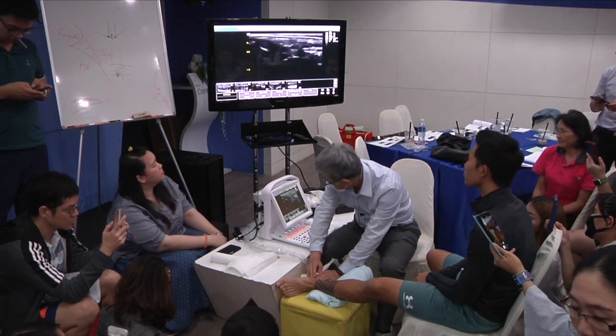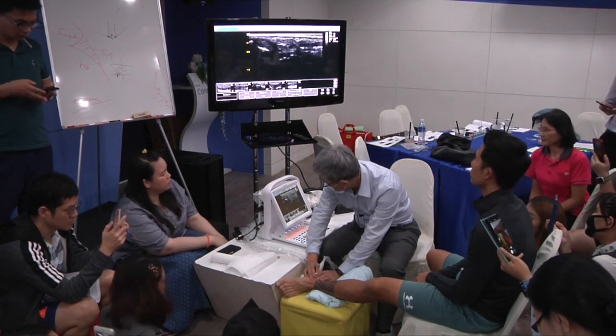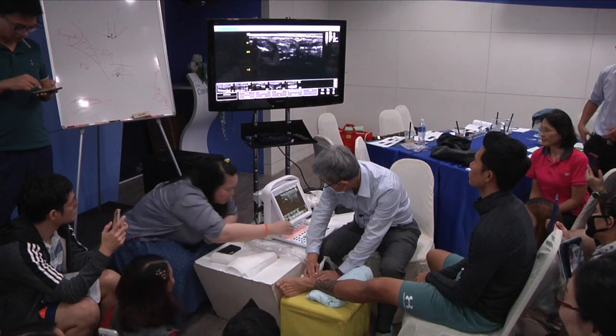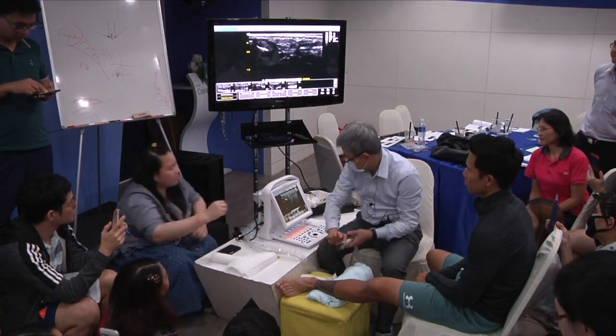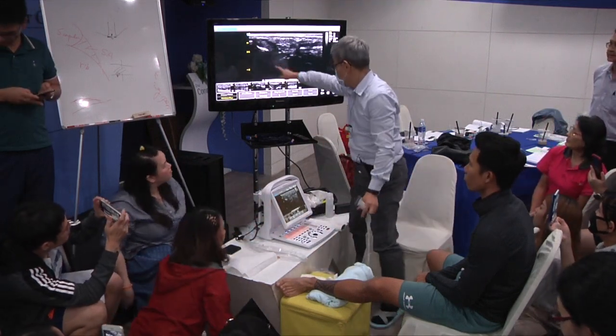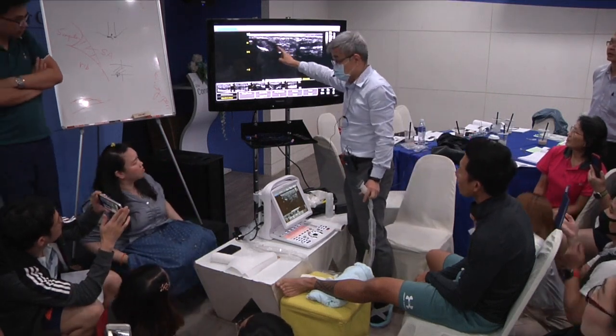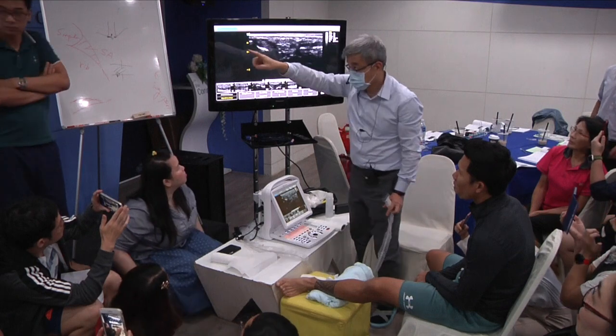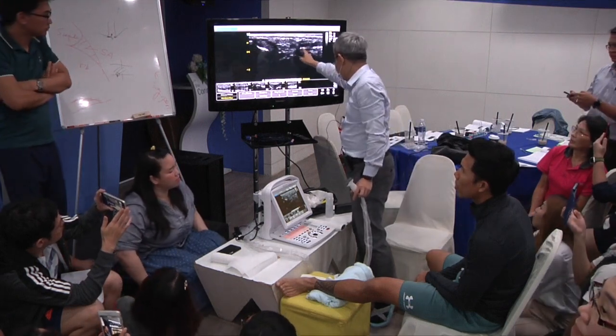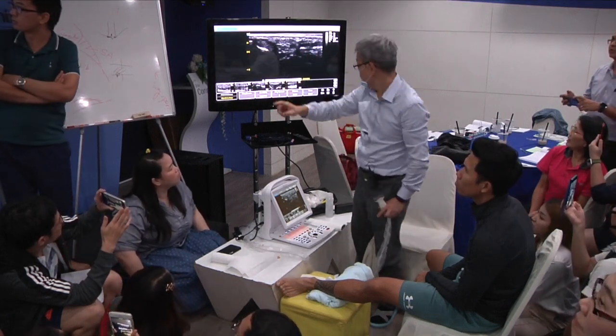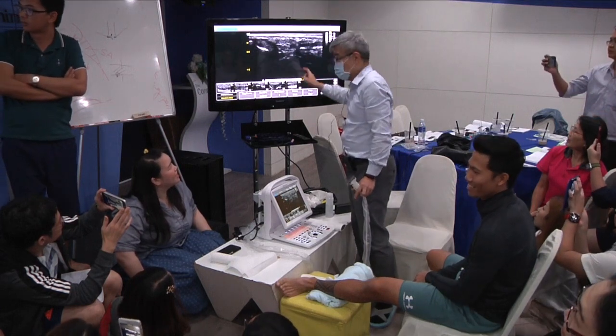Probe. Freeze. Tibialis posterior. Flexor digitorum tendon. Artery, nerve. Flexor hallucis.